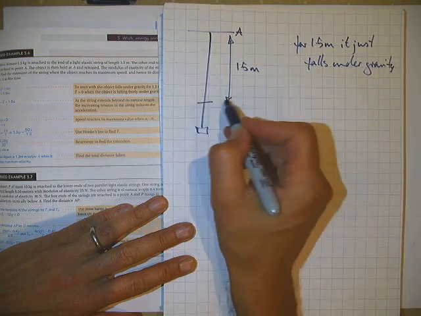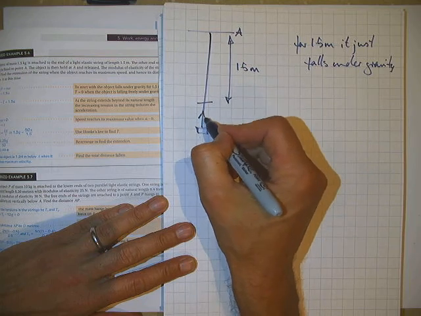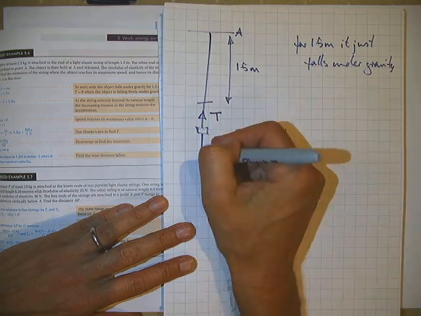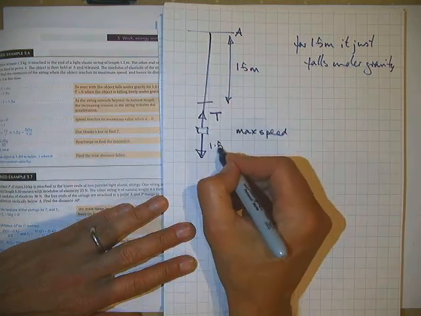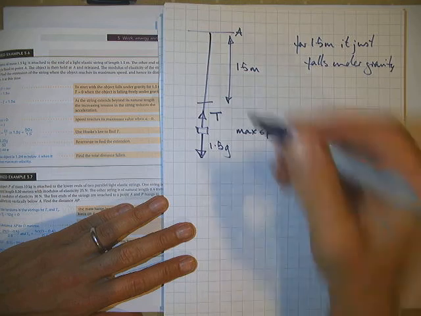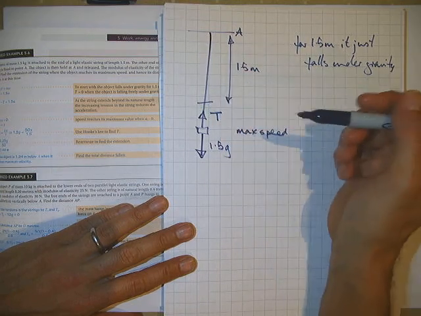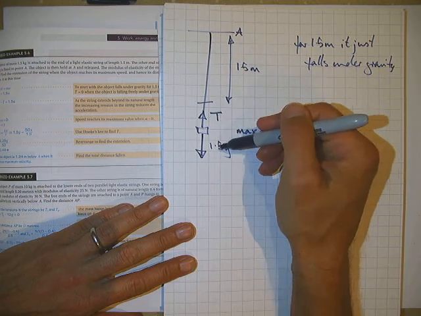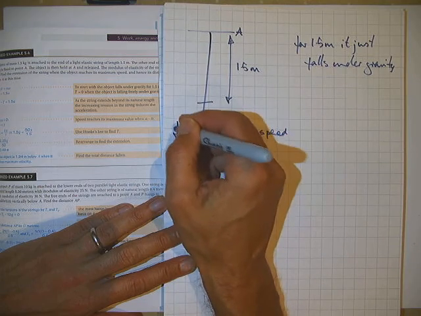But as soon as it gets to 1.5 meters, as soon as it passes its natural length, the string will start stretching, so there'll be a tension as well as the object's weight. When the string starts stretching, the tension will be smaller than that, so it'll keep accelerating downwards.